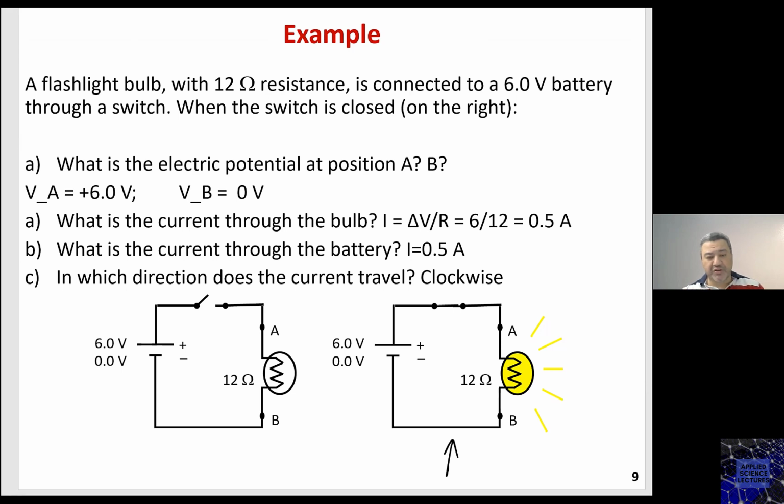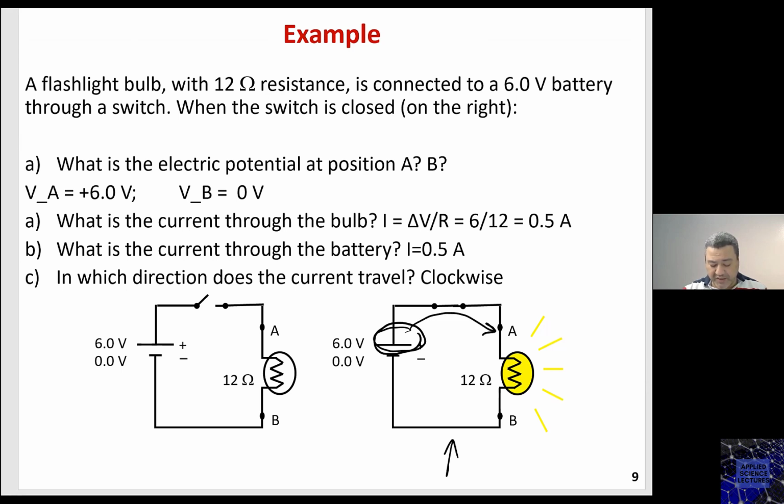What is the electric potential at A and at B? Because now the switch is closed, this is considered an ideal wire, which means that the potential right here at the positive terminal of the battery will show up here.